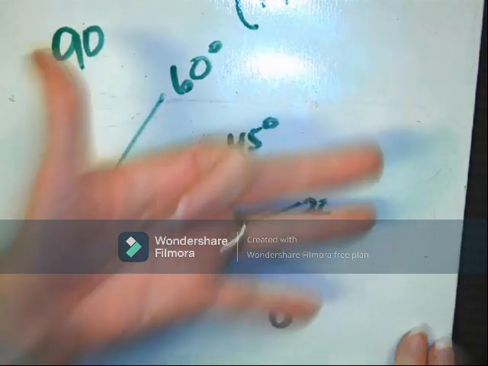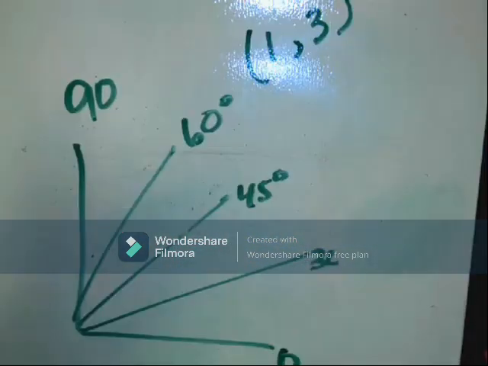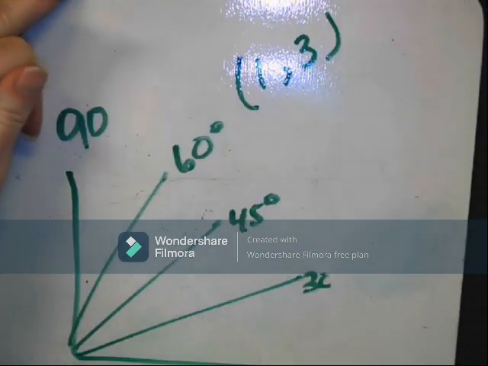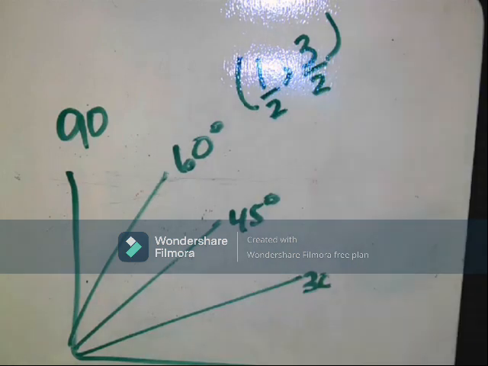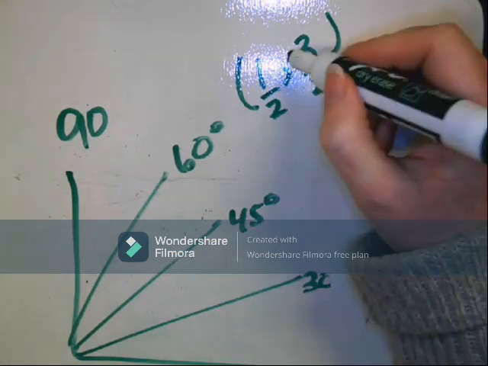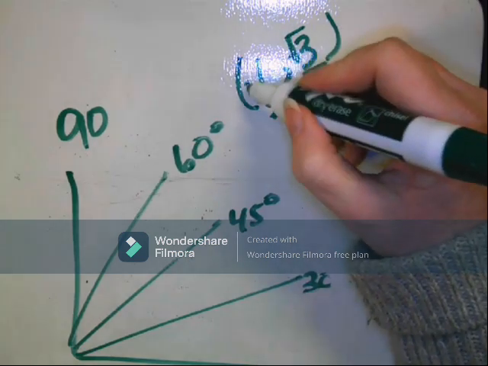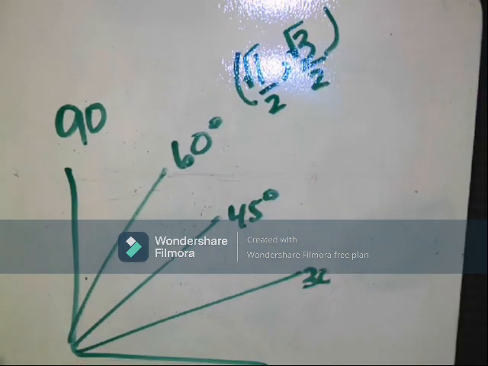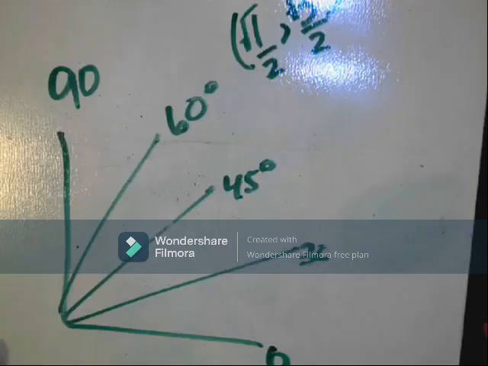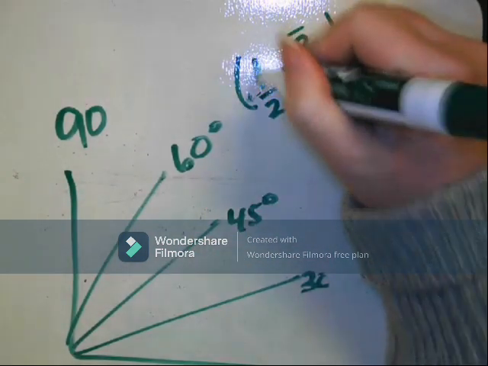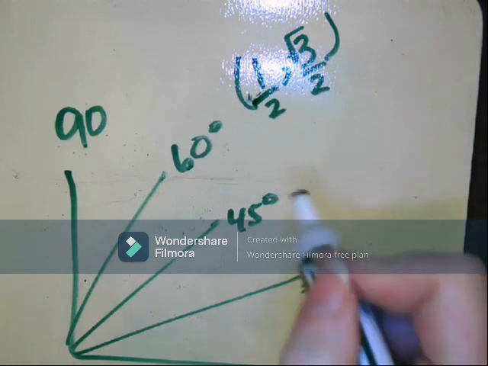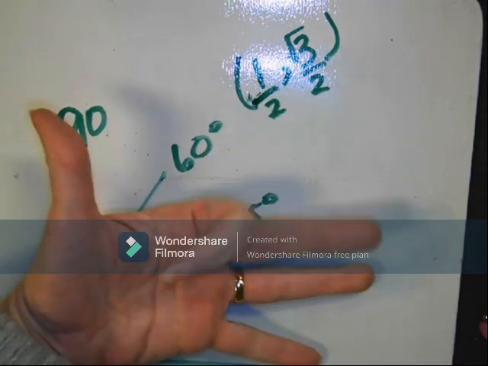But these ordered pairs on the unit circle are all divided by 2, so I'm going to divide them both by 2. And they also all have taken the square root of the top, so I'm going to take the square root of the top. Now, there's no reason for me to write the square root of 1, because what is the square root of 1? Just 1. So that one I don't put a square root on. I just leave it as plain old 1. And that's the ordered pair at 60, because that's what my fingers told me.